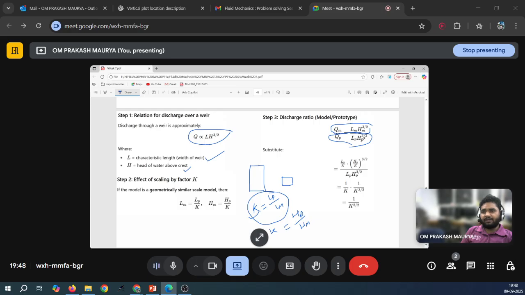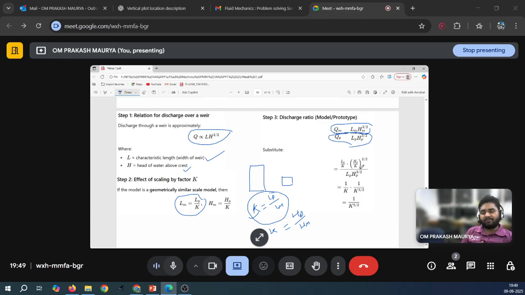So you need to write LP in terms of LM or LM in terms of LP, similarly for HM or HP. We are interested in the solution. I have written LM in terms of LP, so LM is LP by k, HM is HP by k, power 3 by 2.